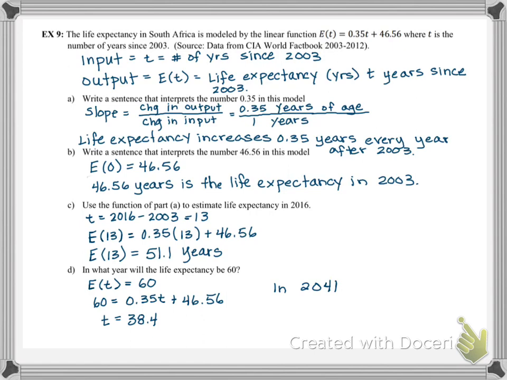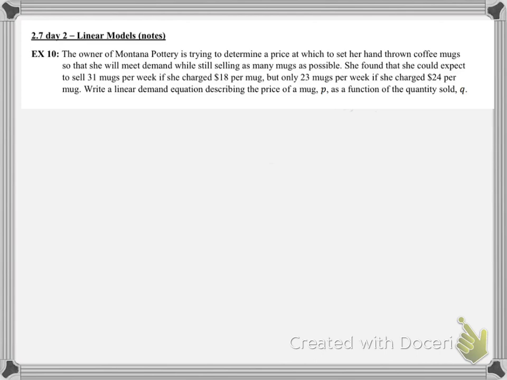So if you say it's been half a year, is it half a year into 2004 or is it half a year into 2003? I don't really know. As long as you show your work, I don't really care. Any questions on that one? Excellent. So I've got more notes for you.